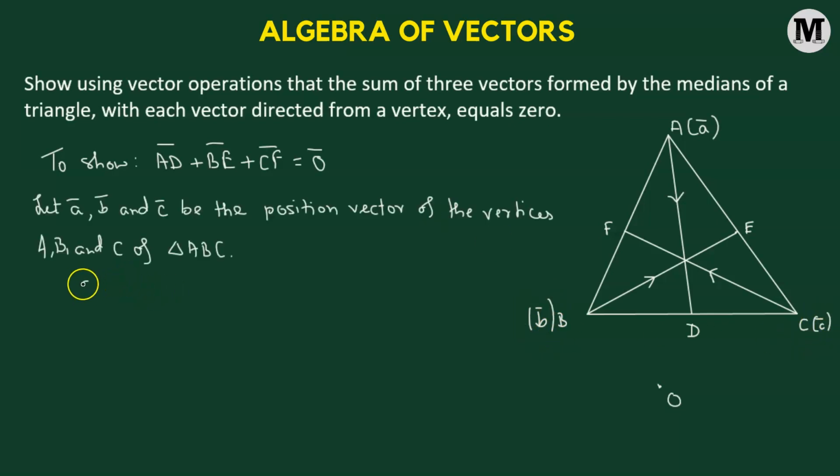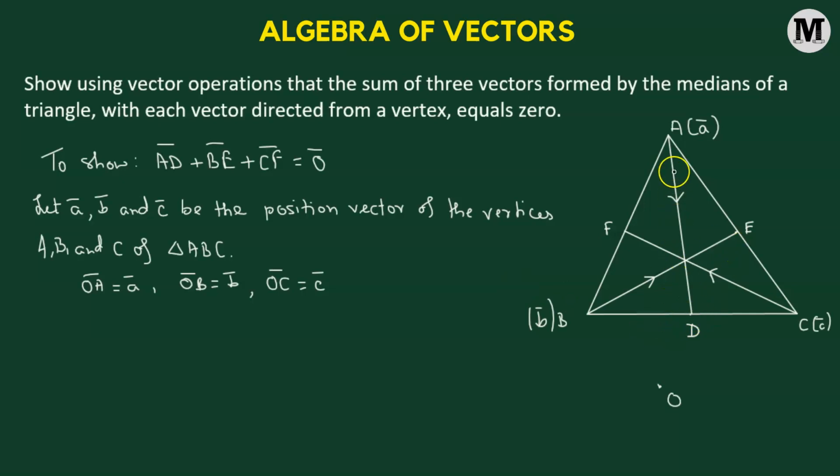In other words, OA vector is defined by the vector A, OB vector by the vector B, and OC vector by the vector C.